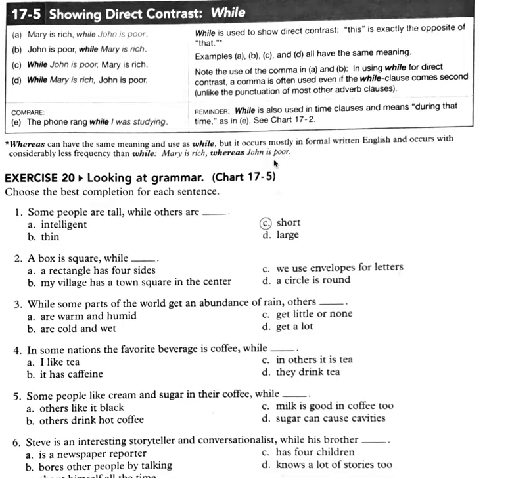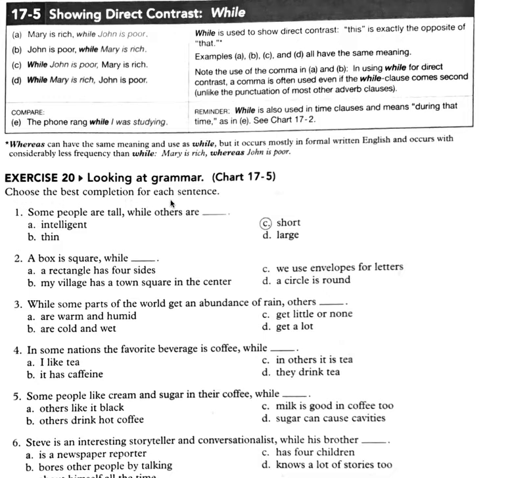Use it if you like to. It's the same as while, but you give a better impression of yourself when you use whereas, especially in making direct contrast. Now you would not use whereas for a time clause. The phone rang whereas I was studying. No, that's incorrect. Only to show direct contrast.